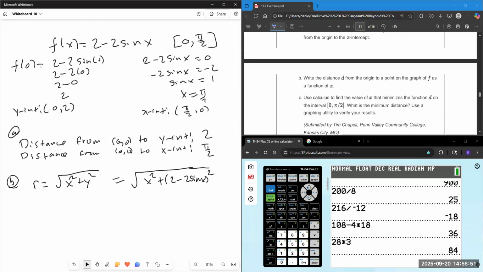If I had been finding the distance to any other point other than 0, 0, I'd have to do delta x squared and delta y squared and take into account the x and y values of that point. All right.